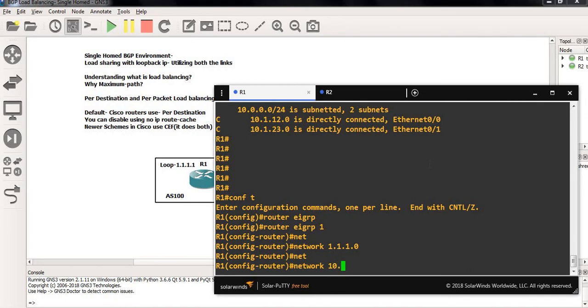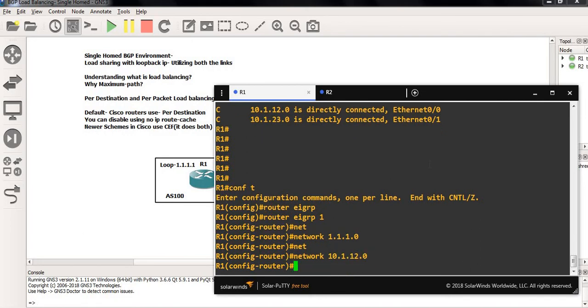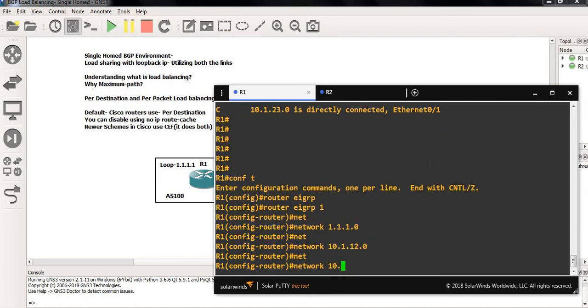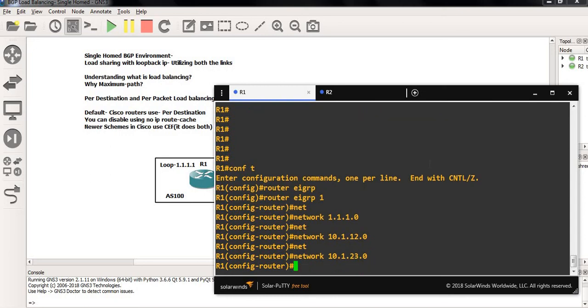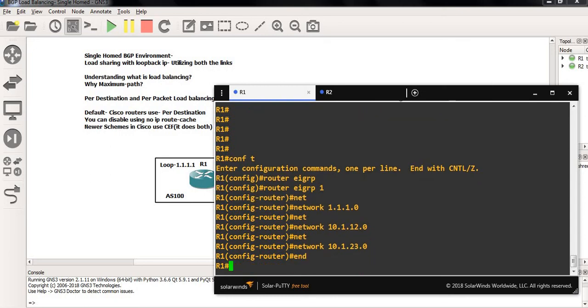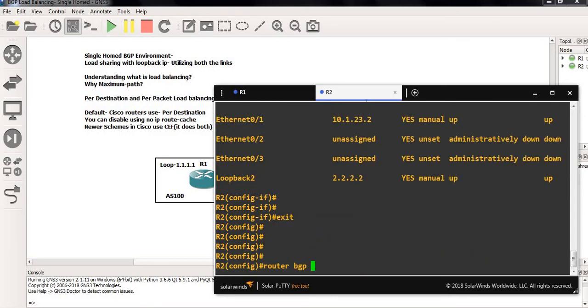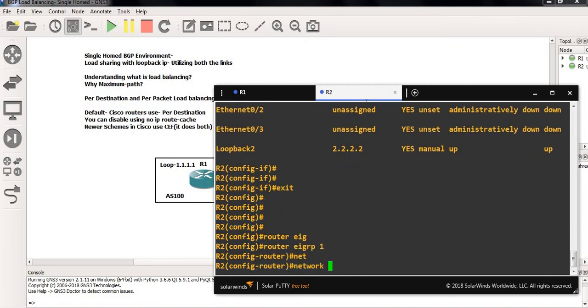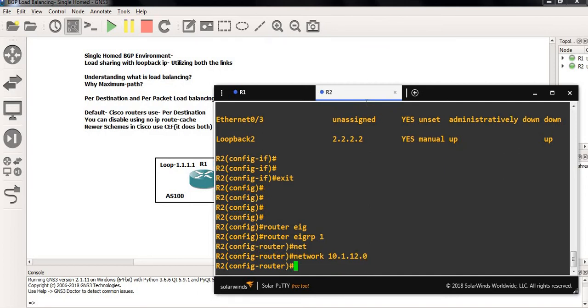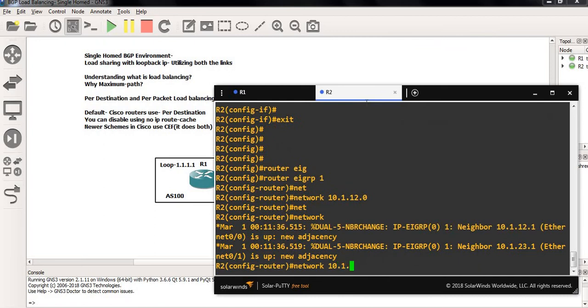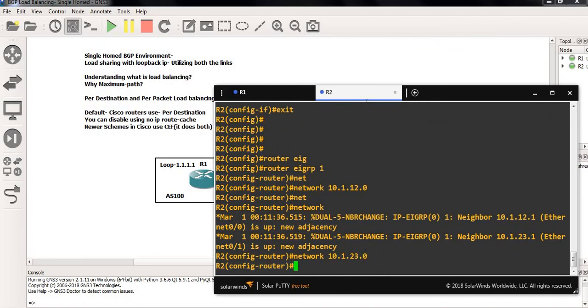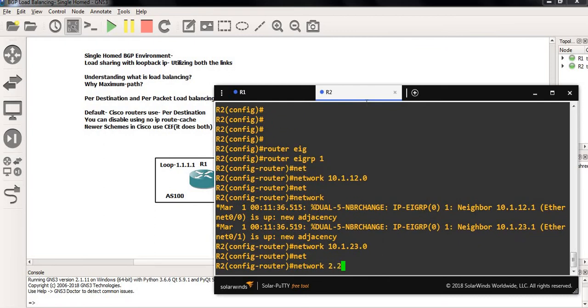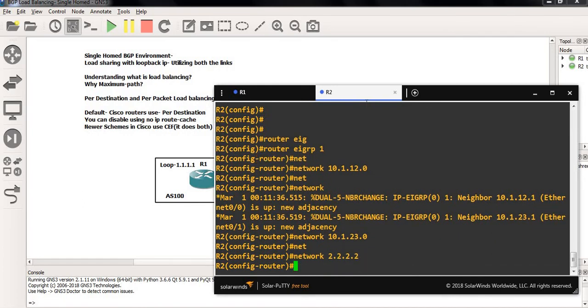So let me advertise this network 10.1.23.0. Similarly, I will go to router 2, router EIGRP 1, network 10.1.12.0, network 10.1.23.0, network 2.2.2.2.